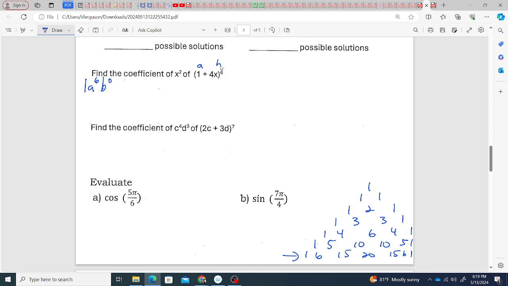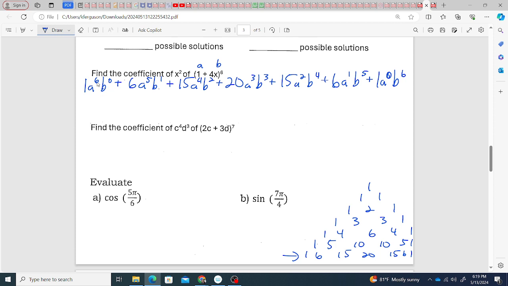This is my a, this is my b, plus 6 a to the 5th power, b to the 1st power, plus 15 a to the 4th power, b to the 2nd power, plus 20 a to the 3rd power, b to the 3rd power, plus 15 a to the 2nd power, b to the 4th power, plus 6 a to the 1st power, b to the 5th power, plus 1 times a to the 0 power, b to the 6th power.